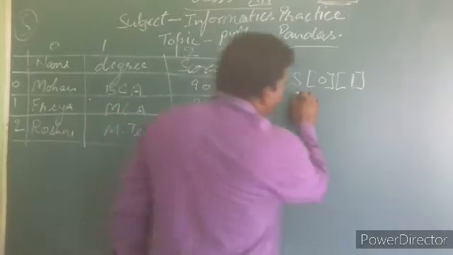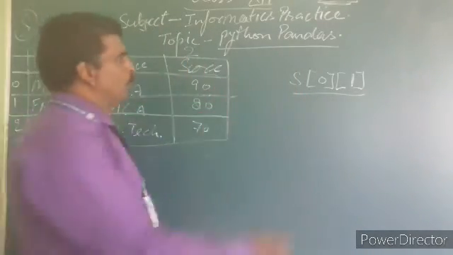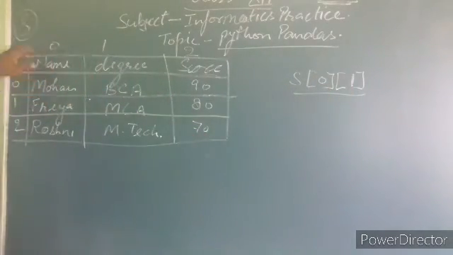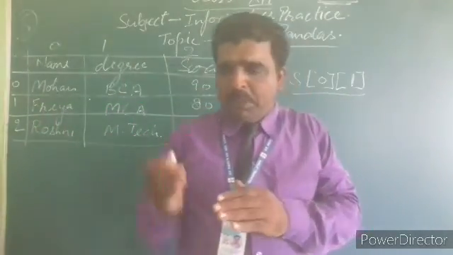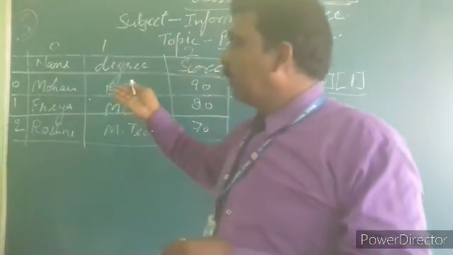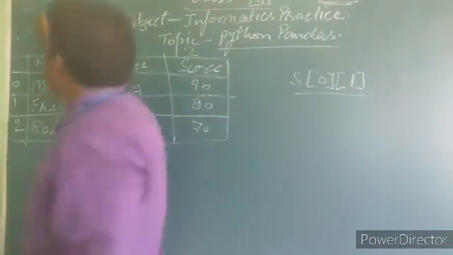If you are displaying the value of S[0][1], it means S is the variable we are accepting, in which it is stored.